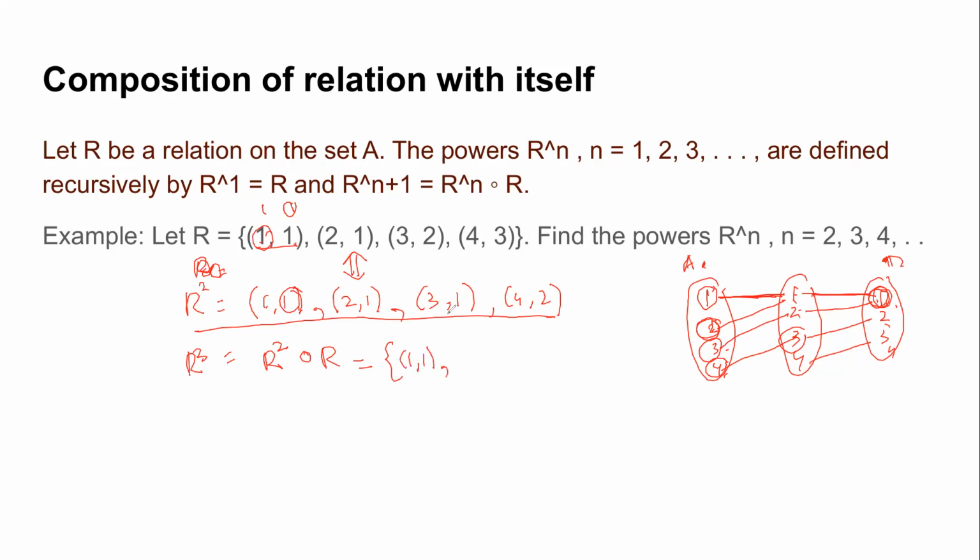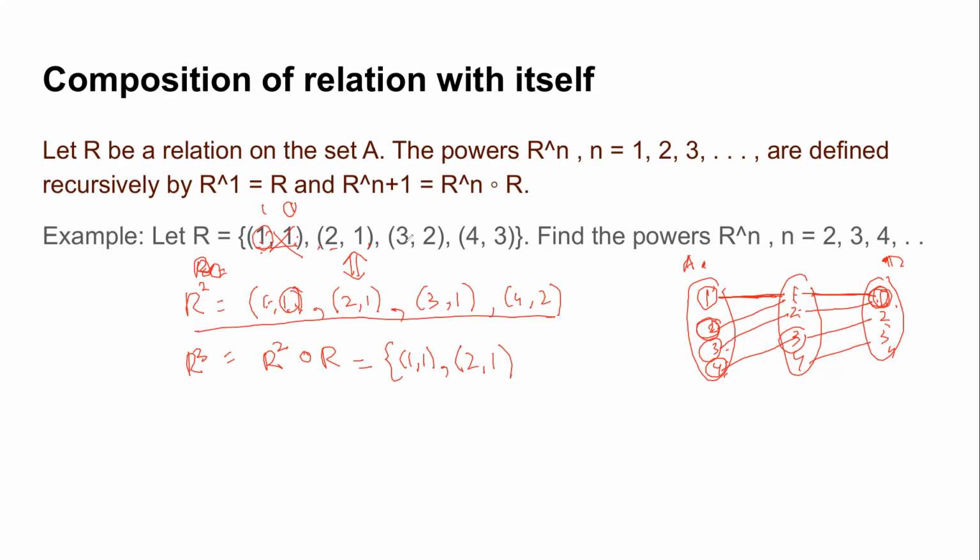There are no elements starting with 1 beyond that, so we can skip it. Then we have 2, 1, 1, 1, so 2, 1. There are no other elements.